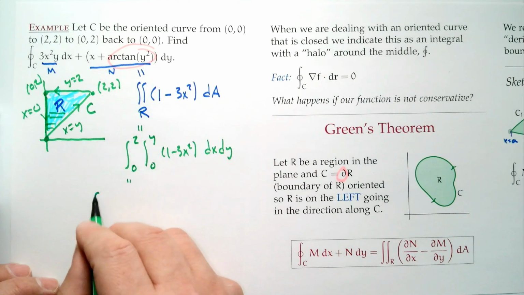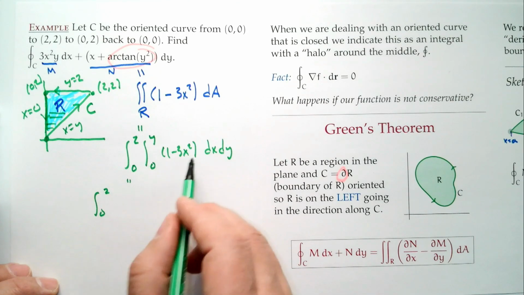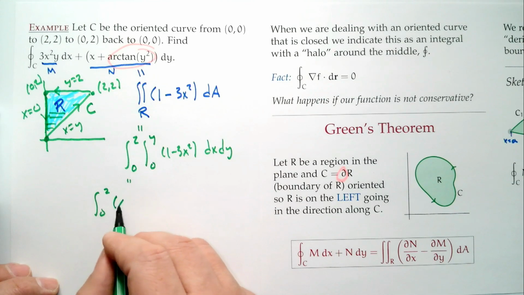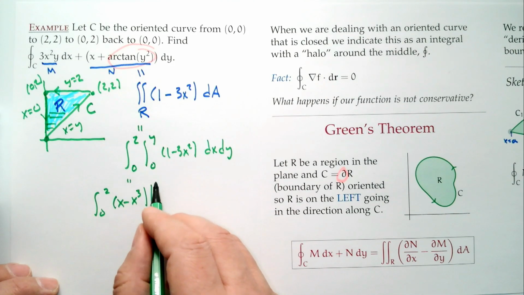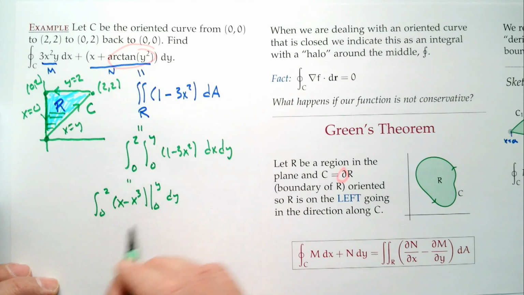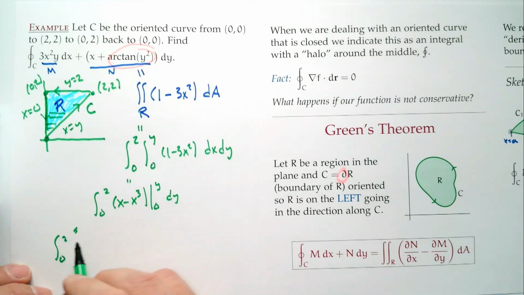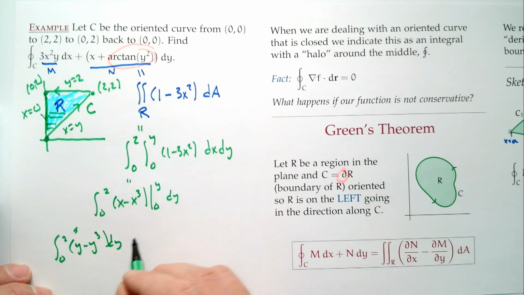So 0 to 2, integrate this with respect to x. We're going to get x minus x cubed, evaluated from 0 to y, dy. So this would become the integral from 0 to 2 of y minus y cubed dy.